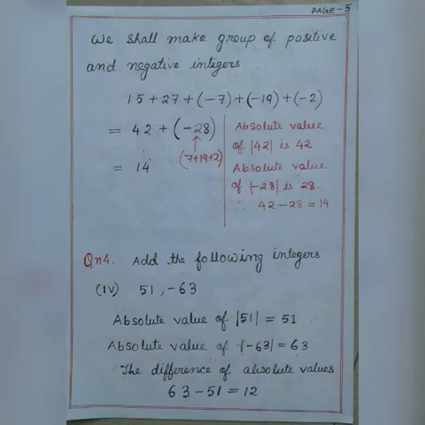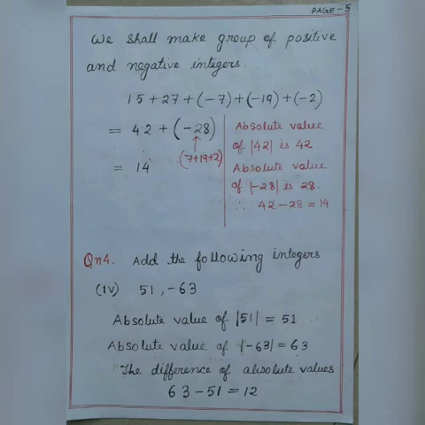To find the sum, first we shall make a group of positive and negative integers. Here 15 and 27 are positive integers, and we shall make a group of negative integers: minus 7, minus 19 and minus 2.